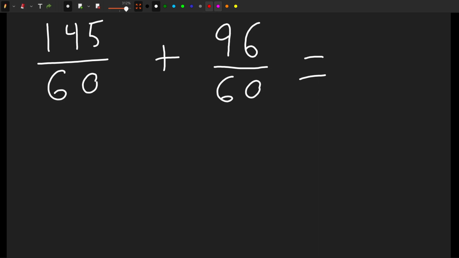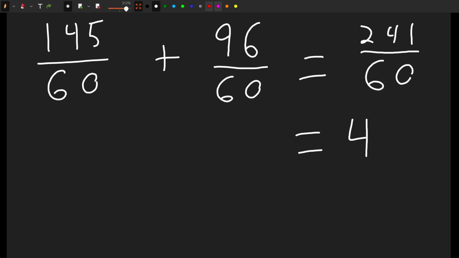Oh, joy. 140 plus 90, that is 230. 5 plus 6 is 11, so that's 241. And 60 remains the same. Now, if you want to simplify this as a mixed number, you will get 4 and 1/60. And those are your answers.